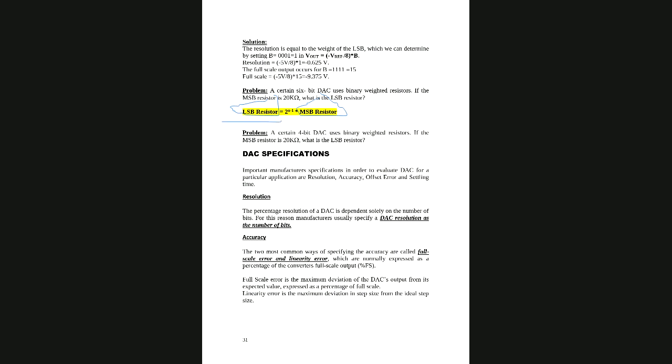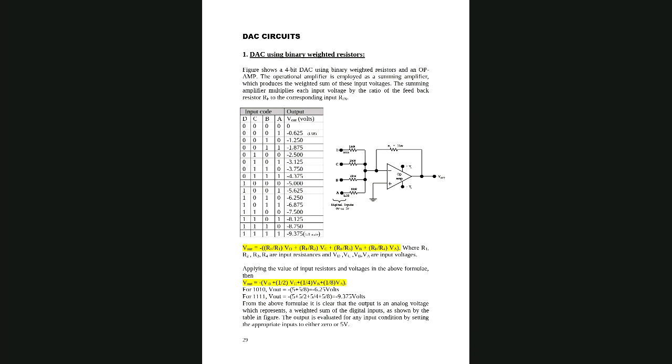Depending upon what you have. And I explained in detail why it is 2 to the power n minus 1, because remember, for the 4 bit it was 1 kilo at the MSB and 8 kilo at the LSB.